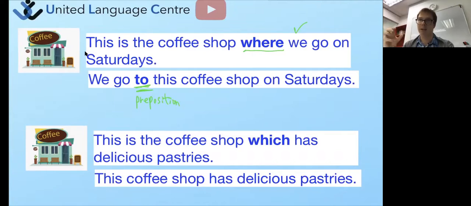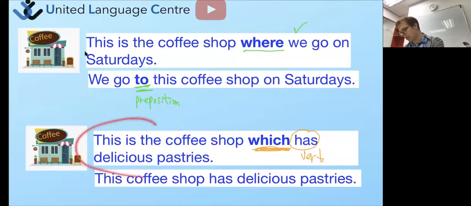The next one, if I say which has, this one, right? I had to change to my which. Why? Remember, because right after, here's my has. Has is my verb. Remember, if there's a verb directly after where, you have to use the which. And to double check, I look at my sentence.